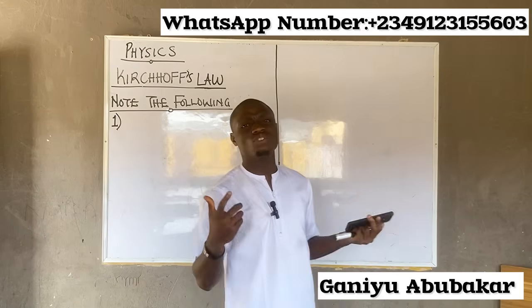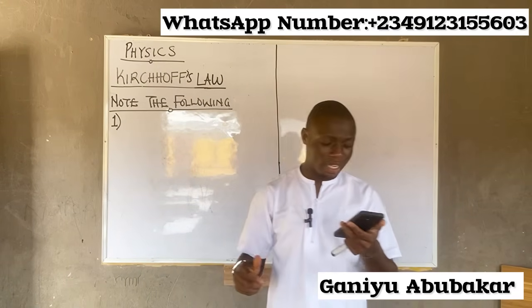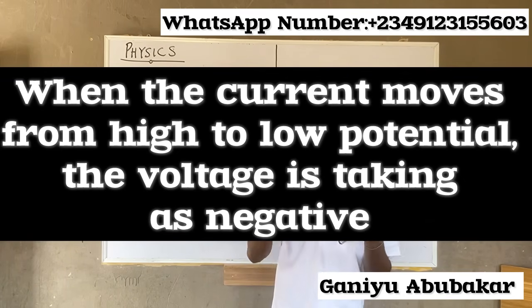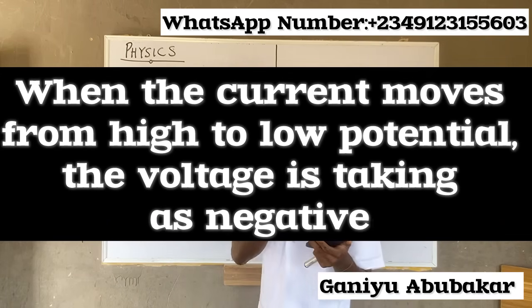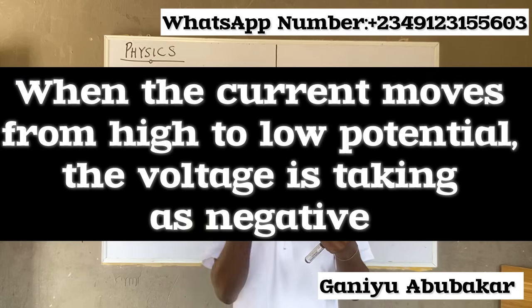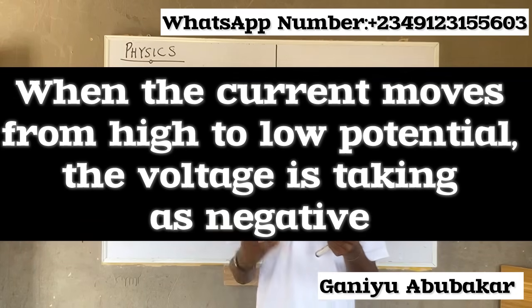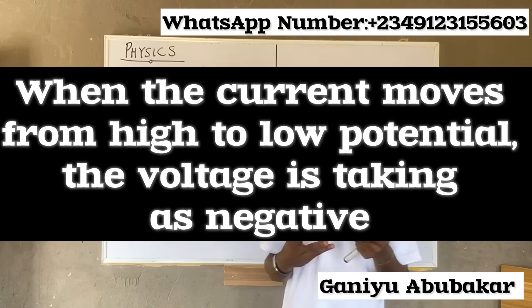The first important thing to note when you see a problem under Kirchhoff's law is that when the current moves from high to low potential, the voltage is taken as negative.